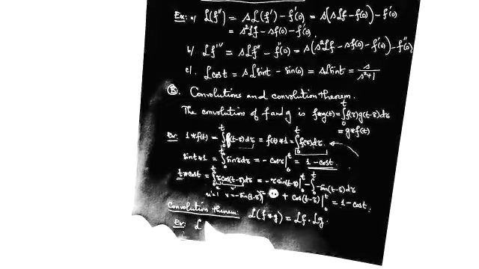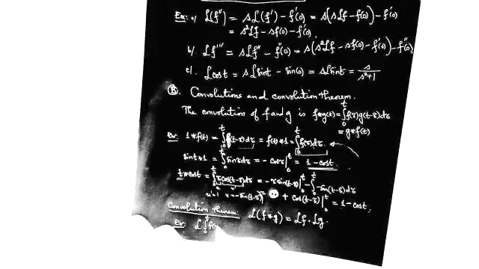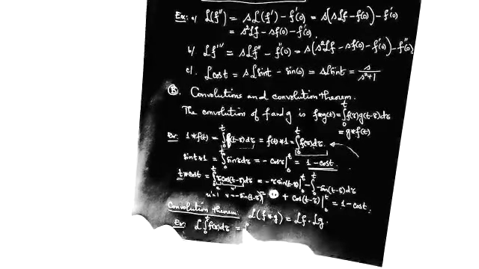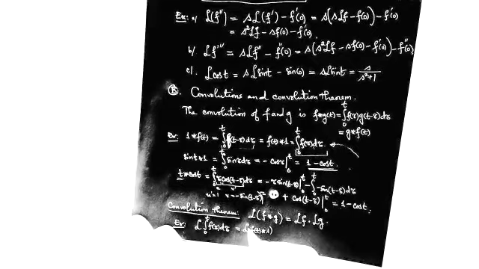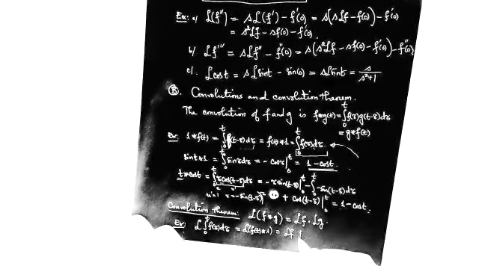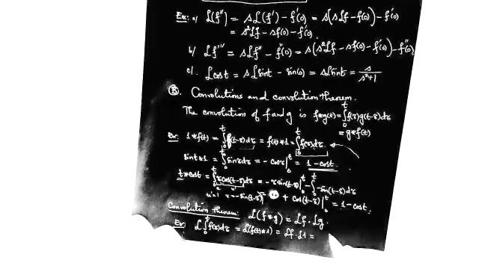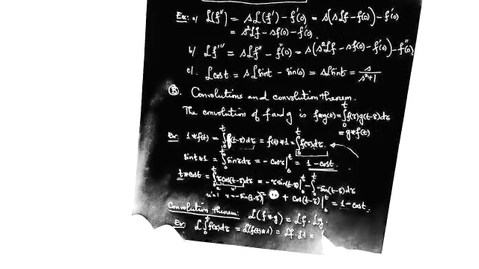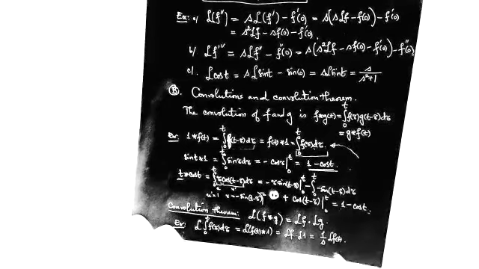So the Laplace transform of the integral from 0 to t of f of tau d tau is equal to the Laplace transform of f of t star 1, which is the Laplace transform of f multiplied by the Laplace transform of 1, which is 1 over s times the Laplace transform of f of t.